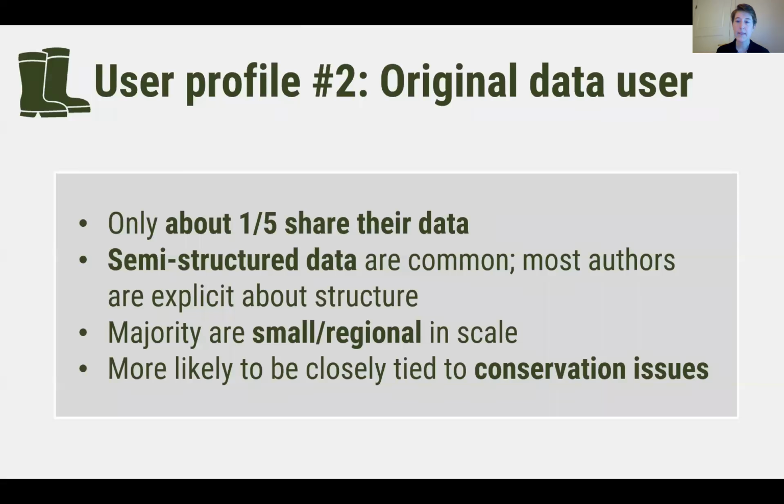Speculating on the reasons for this, it's possible that some of these researchers just don't have the incentive or resources to share their data, or it may be less obvious to researchers how to share the metadata associated with these semi-structured data. Whatever the reason though, this is clearly a group of data users that's producing a lot of data with the potential to be shared.